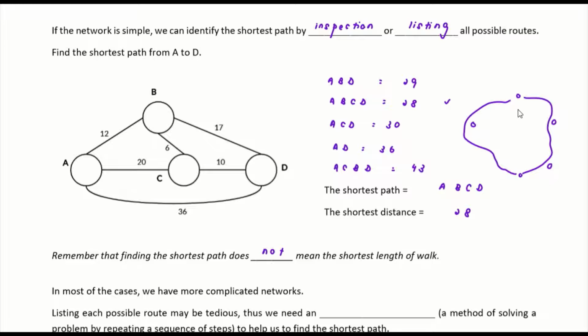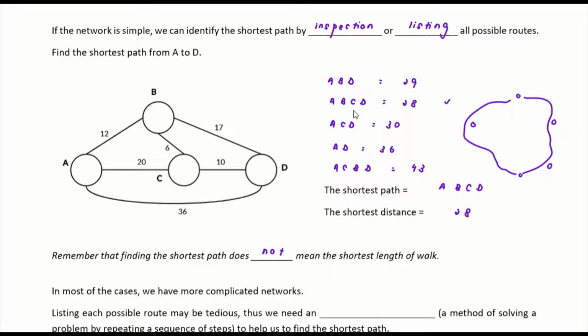So the idea is, if I want to find out the shortest distance, I won't be looking at how many tolls I will need to pass through. I'm going to look at the distance between every toll, and then find out the total distance. So having the least length of walk doesn't mean that you have the shortest path. For example, you can see ABCD.